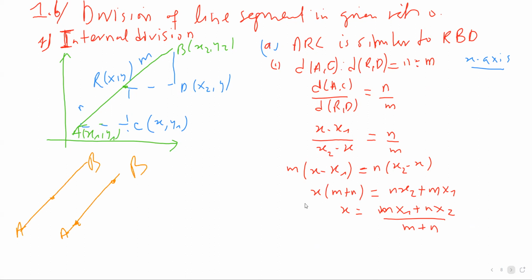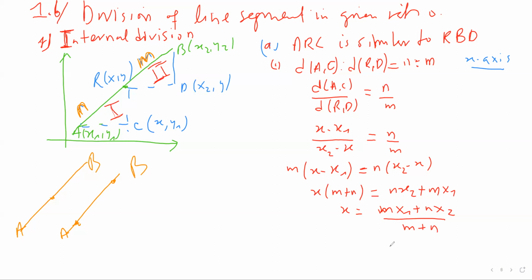If you have a ratio n and m that divides your line, and then you have r to be the point in between A and B, then we know that you have two similar triangles, triangle 1 and triangle 2.